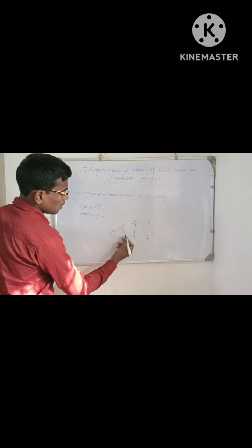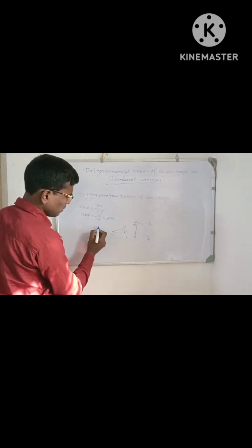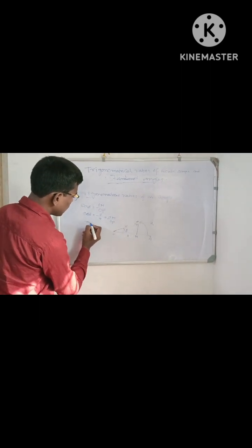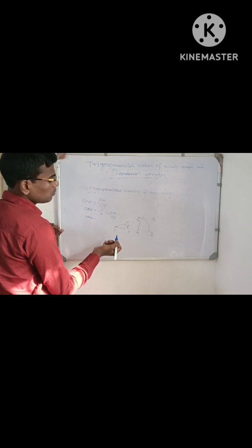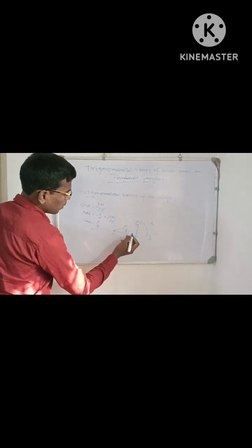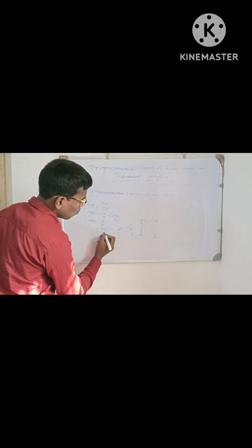What is the base? Here OM is the base and the hypotenuse is OP. Similarly, tan theta equals perpendicular by base. Here the perpendicular is PM and the base is OM.